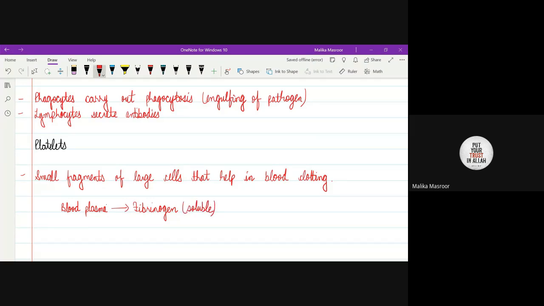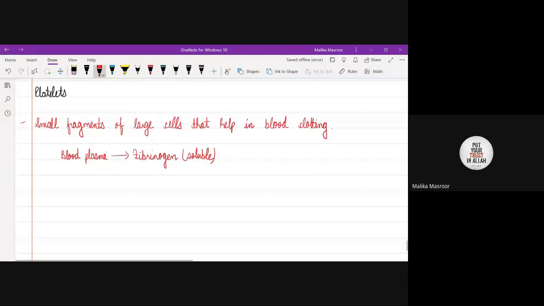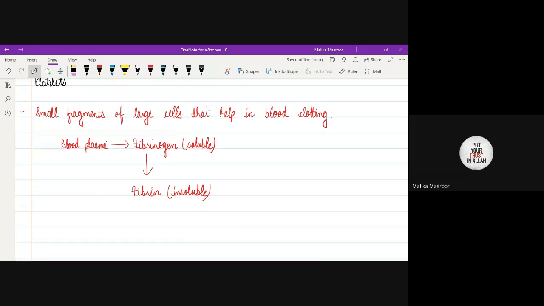So whenever your skin is cut and a blood vessel is broken, platelets release a substance that converts fibrinogen into fibrin. Fibrin is insoluble. This fibrin forms fibers that pile up on top of one another to make a mesh-like structure that helps to seal the wound.